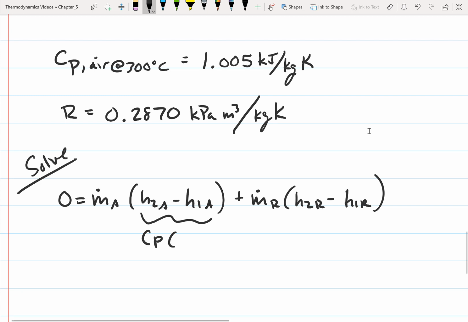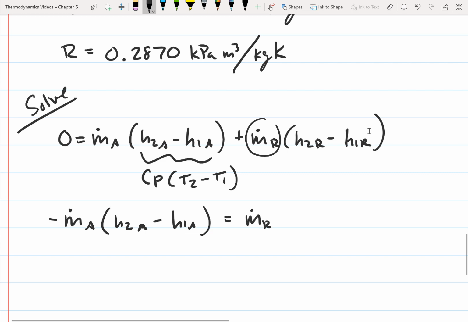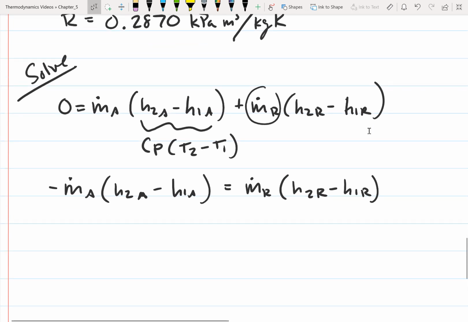So this is going to be Cp (T2 minus T1). And then I just want to solve this equation for the mass flow rate of the refrigerant, because that's what we're actually interested in. So if we do that, we have negative m dot A times (H2A minus H1A) is equal to the mass flow rate of the refrigerant times (H2R minus H1R). And then I just want to multiply through this negative sign.